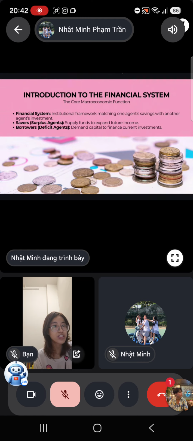And now let's move to direct finance, the stock market. The second pillar of direct finance is the stock market. A stock represents partial ownership in a corporation. Selling stock to raise capital is called equity finance, and stocks have no maturity date.